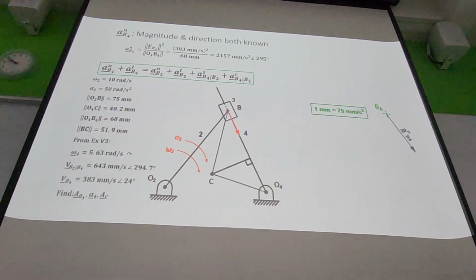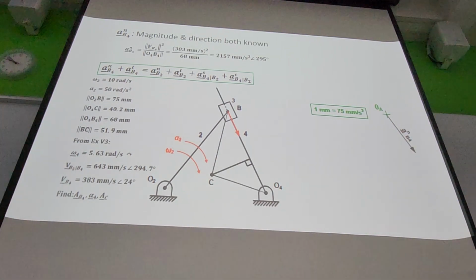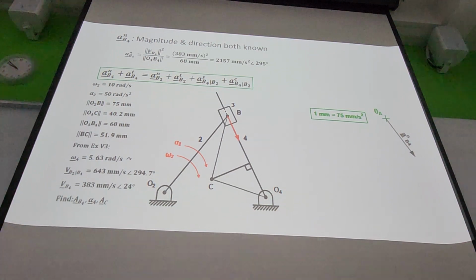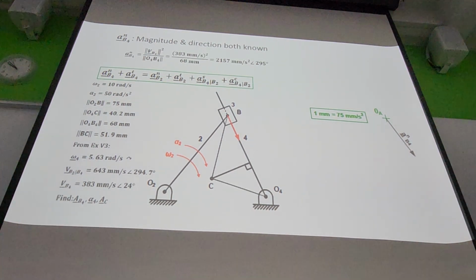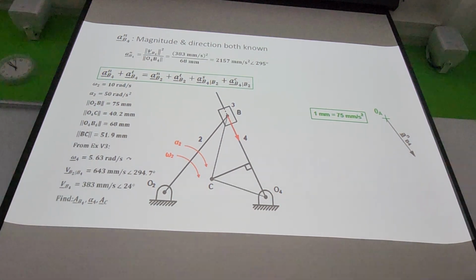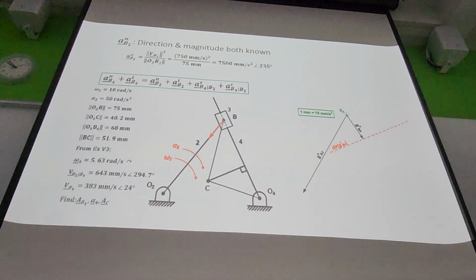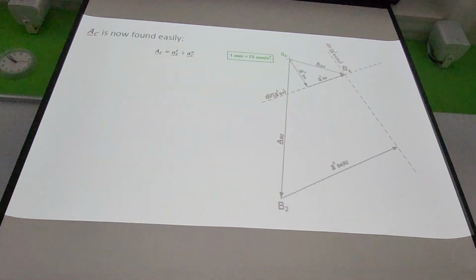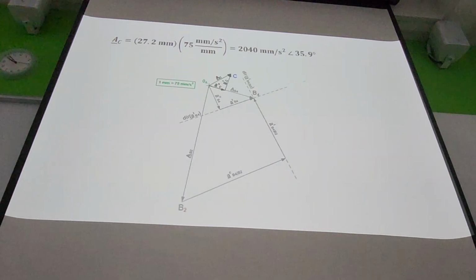Then we need to calculate all those things, plot the normal component, and plot the acceleration polygons as per this equation. You can go through all these slides. I already uploaded these, so you can try to understand this.